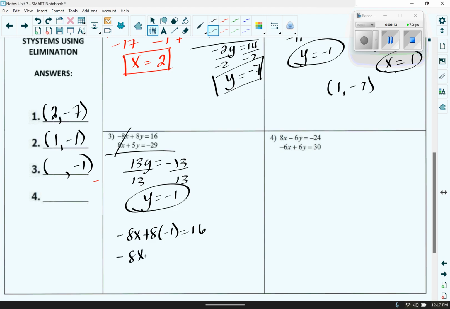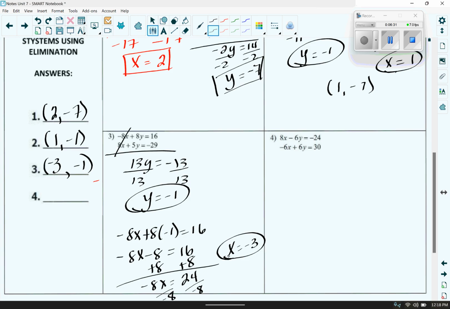So negative 8x minus 8 equals 16. Add 8 to both sides. Negative 8x is equal to 24. Divide by negative 8. x is equal to negative 3. And I can always check my answers because I can plug the x and the y into the other equation and see if it works.